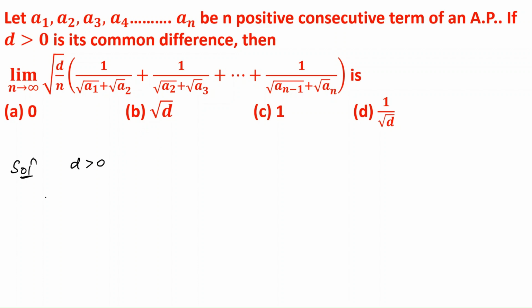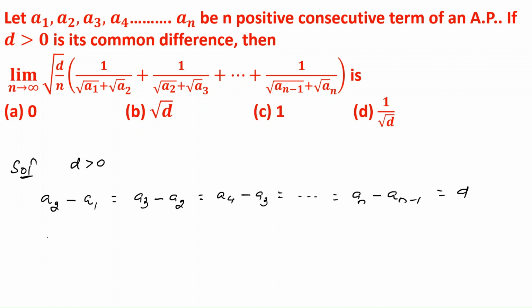And since the sequence is in AP, that is a2 minus a1 equals a3 minus a2 equals a4 minus a3 equals ... an minus a(n-1) will be our d. This is given and d is positive.